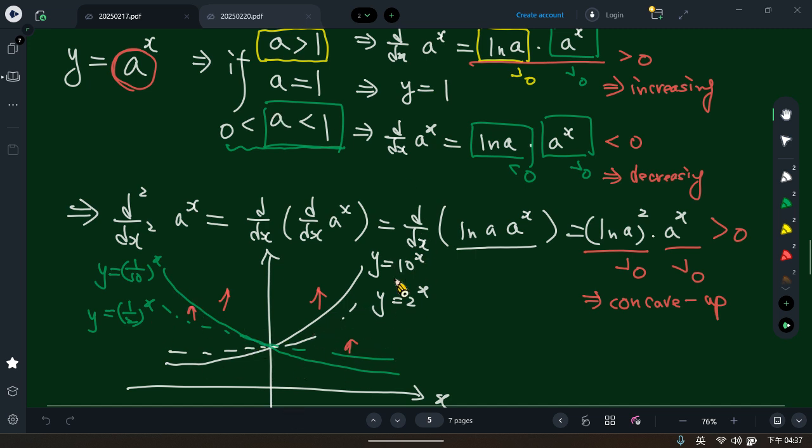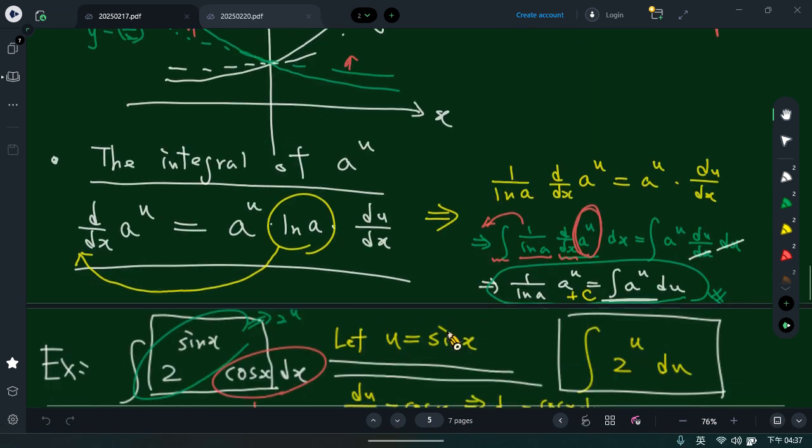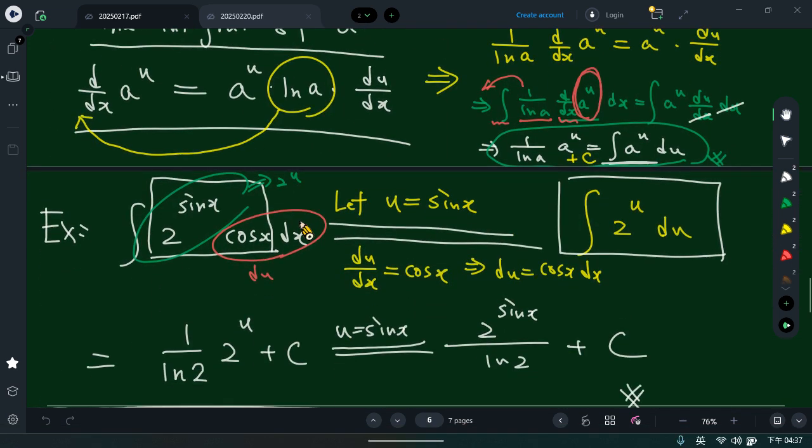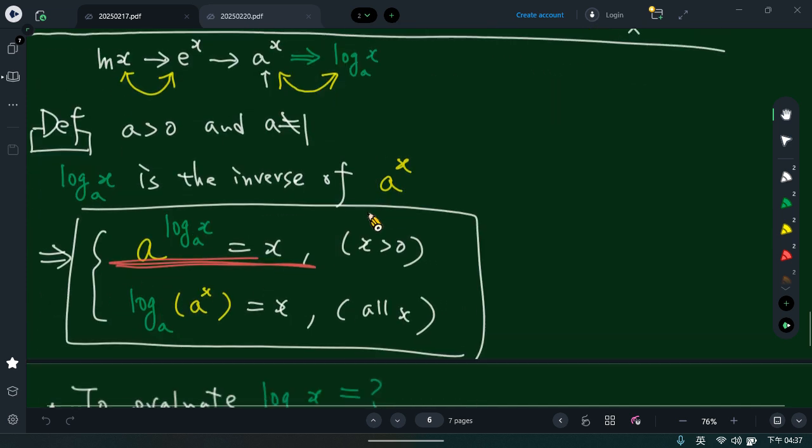But different a will cause an increasing function or a decreasing function. If a is larger than 1, it will be an increasing function. But if a is less than 1, then the function will be decreasing. Then we talked about how to integrate it, and I also showed you an example.